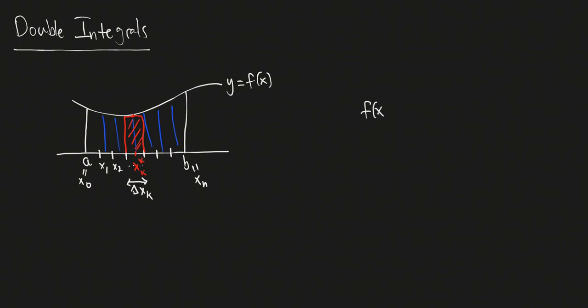It's the height, which is this f of x star sub k, times the width, which I just denoted as delta x sub k, and then we sum all of these up. That's our approximation. But we don't want an approximation. What we want is the exact area.